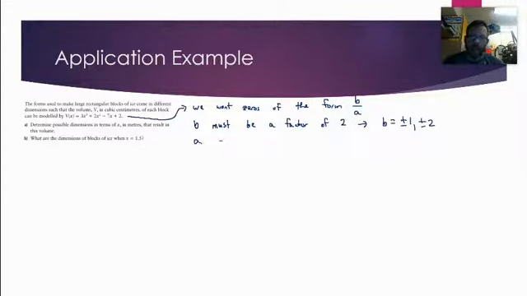We know that a must be a factor of the leading coefficient, 3. So a can be positive or negative 1 or positive or negative 3. Any zero of this function is going to be a combination of these guys. So what do we have to check? So possible zeros.